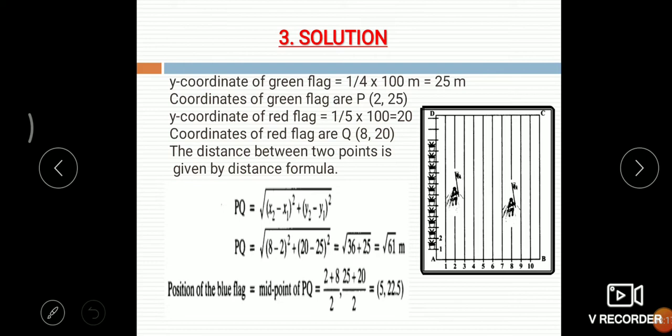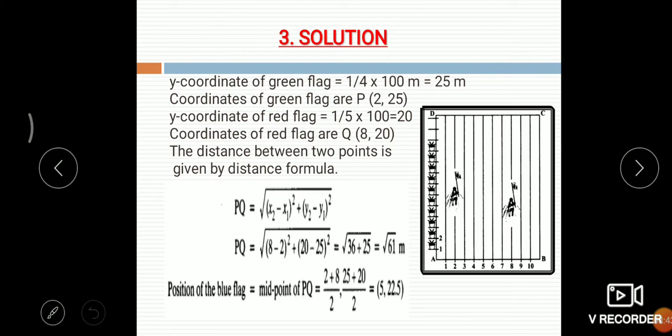See, the y coordinate of the green flag would be 1/4 of 100 meter. Why? Because in the question they have said that the girl moves along AD, right? And we have 100 pots which are placed 1 meter apart from each other. So the total AD distance will be 100 meter, right?